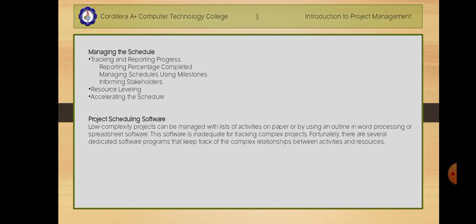Next is managing schedules using milestones. Milestones provide an opportunity for the project management team to focus on completing the activities that will have the greatest impact on the schedule. For complex projects, focusing on milestones is very useful for communicating important dates to the entire project team.